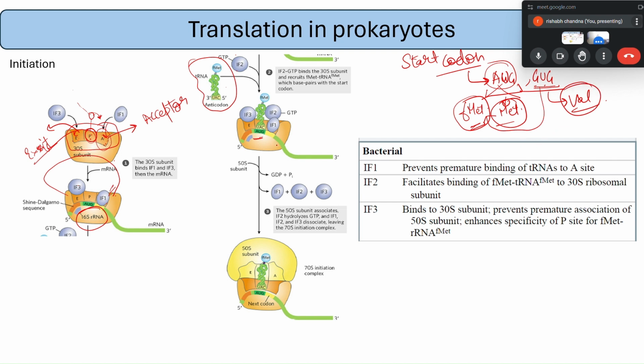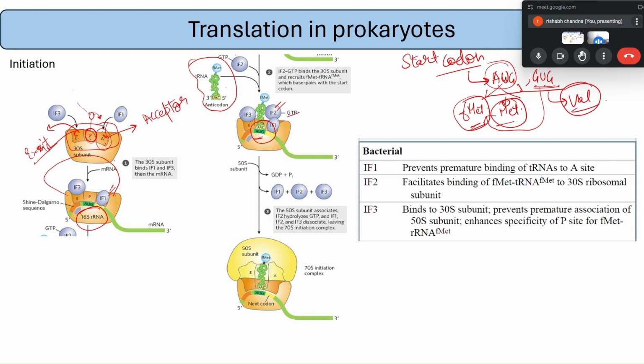So now the first tRNA recognizes the start codon with the help of IF2 GTP. Now the 50S subunit associates with the 30S subunit, and this is due to the hydrolysis of the GTP.